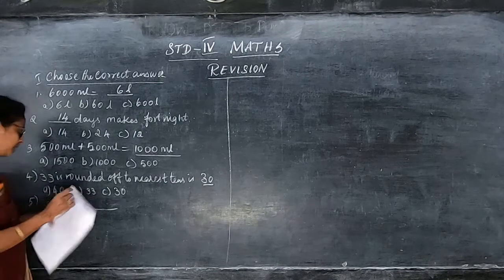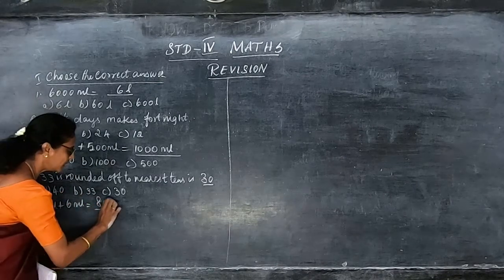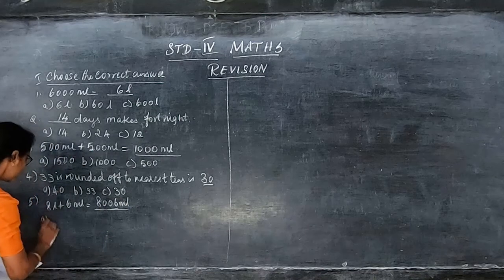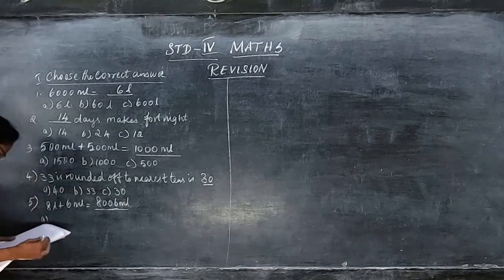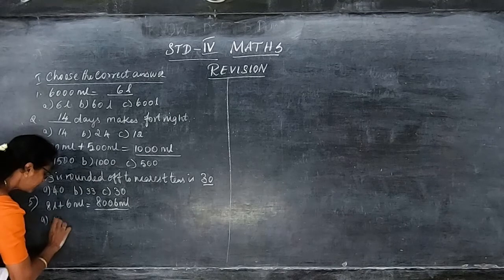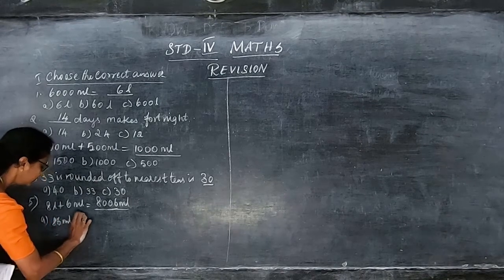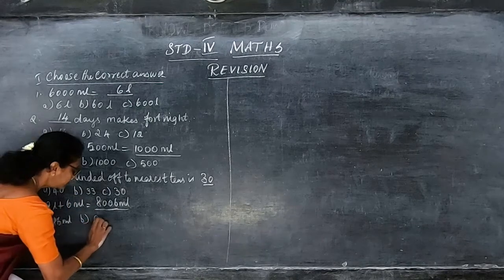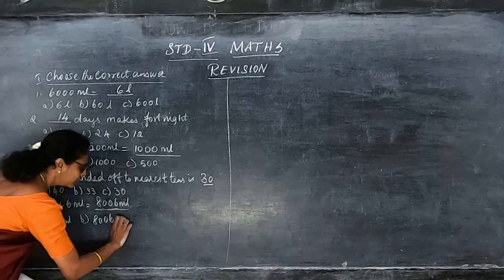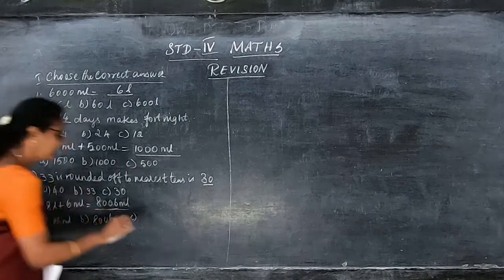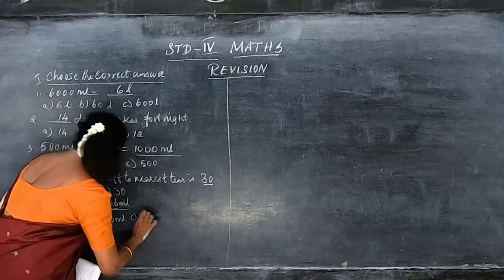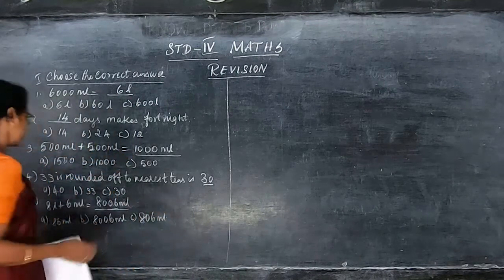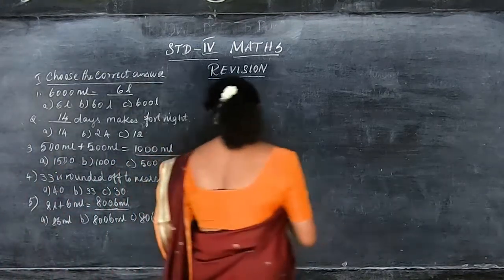That is 8006 milliliter. This is the answer. So options you can write A 86 milliliter, then B is 8006 milliliter and C is 800 milliliter. So the answer is 8006 milliliter. Okay.